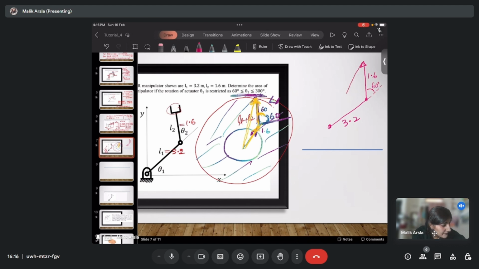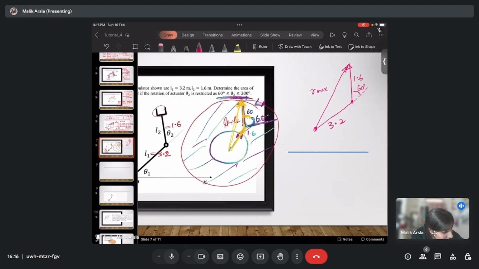So this will be my effective radius now. How do we calculate this radius? We can apply the cosine rule: this vector is equal to a squared plus b squared plus 2ab cos theta, right? So r max squared will be equal to 1.6 squared plus 3.2 squared, not minus, it will be plus 2ab cos of 60 degrees. Can you calculate this value and tell me what you are getting?